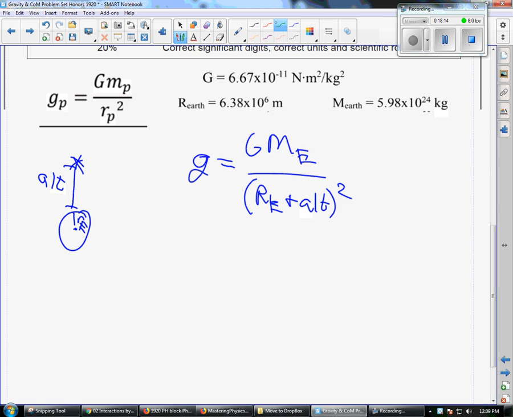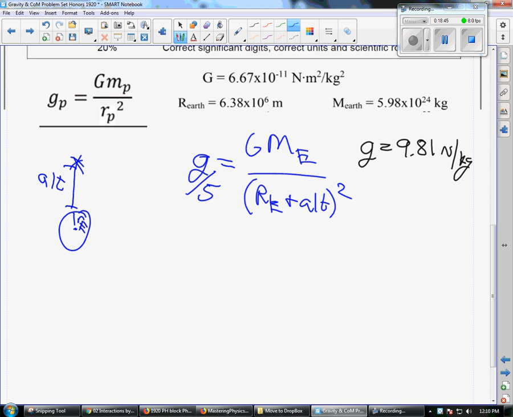Now it's substitution time. I know what G is. Oh, wait a minute. I probably should have grabbed from my equation sheet little g, which is 9.81 newtons per kilogram. So this is little g over 5 for me, I think. Yeah, everyone had different numbers it was over, right?